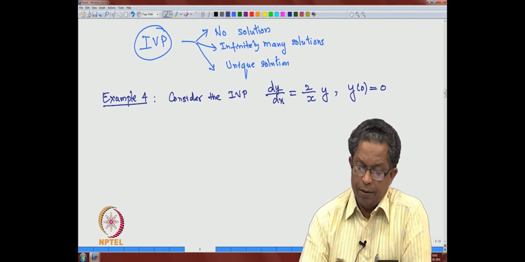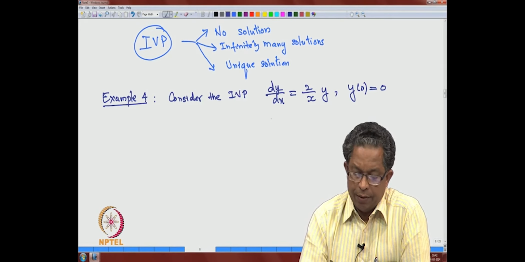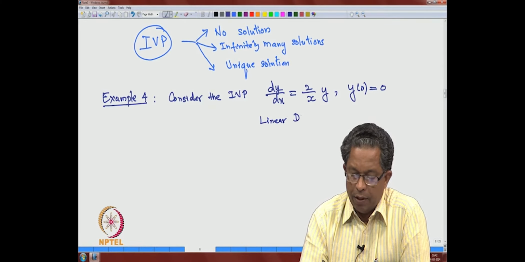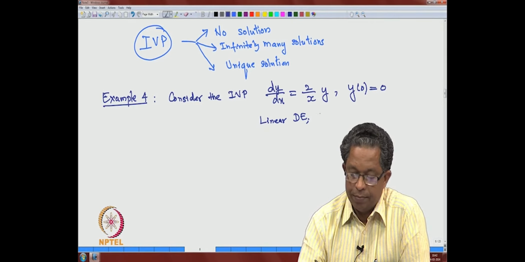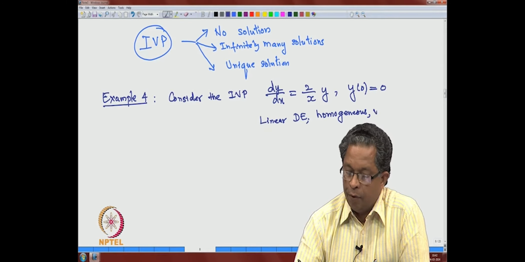So obviously this is a linear differential equation, and is homogeneous, linear homogeneous, and variable coefficient.